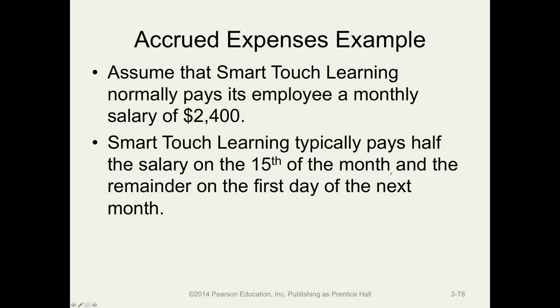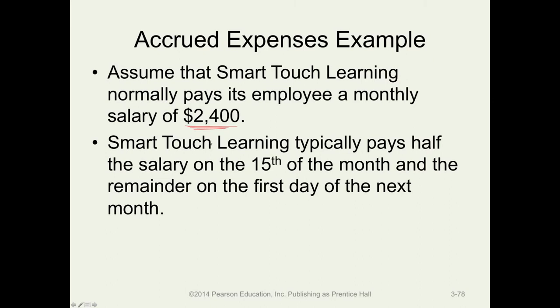Let's assume that Smart Touch normally pays monthly, and the monthly salary is going to be $2,400. It pays salaries typically half on the 15th of the month and the remainder on the first day of the next month.